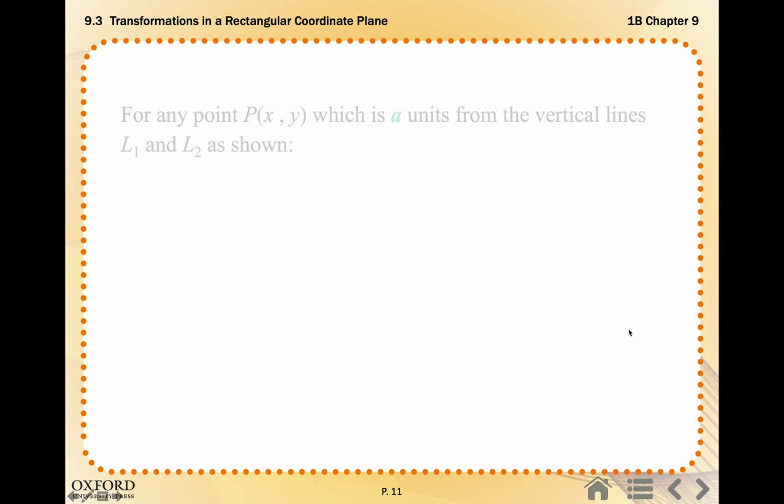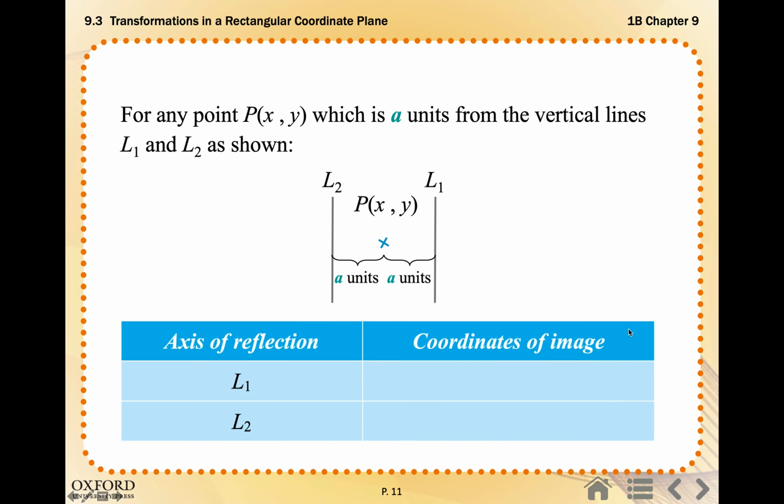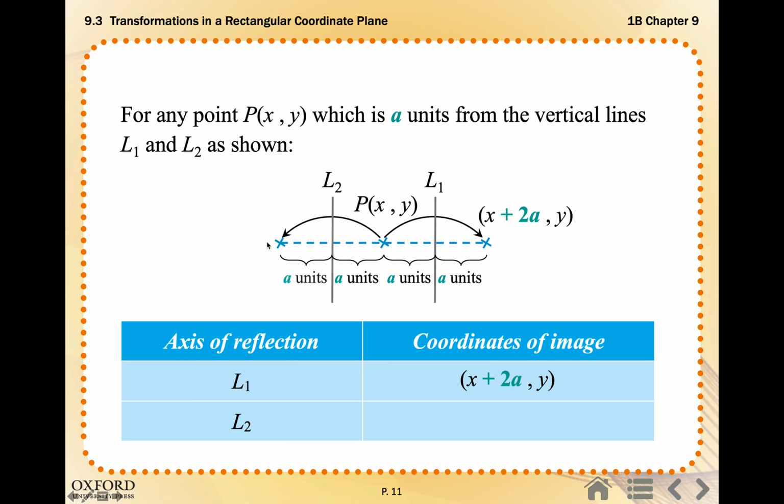And the next case is when the point is reflected in the vertical line. The same idea applies: the distance between the point P and L1 or L2 is also equal to A. If it is reflected about the vertical line, the image should go to the right-hand side or left-hand side.